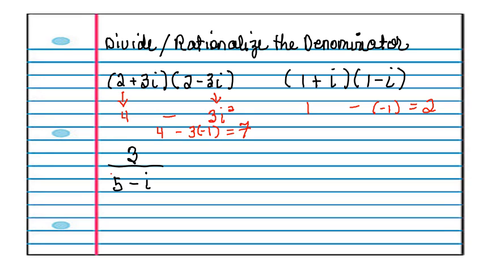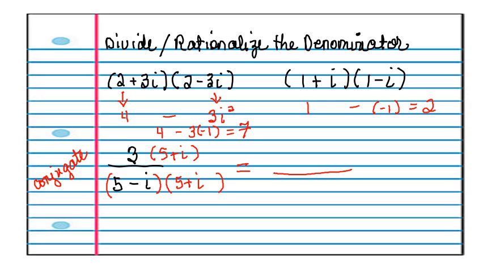Alright, so to do the division, what we're going to have to do is rationalize the denominator here by using the conjugate. Remember, a conjugate is a binomial that allows us to be the difference of 2 squares. So this is going to be 5 plus i. And up here we're going to go 5 plus i, because whatever we multiply to the denominator, we have to multiply to the numerator.